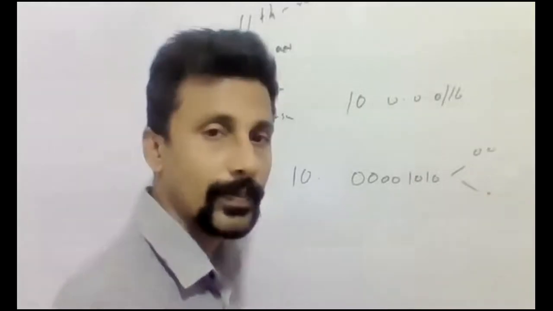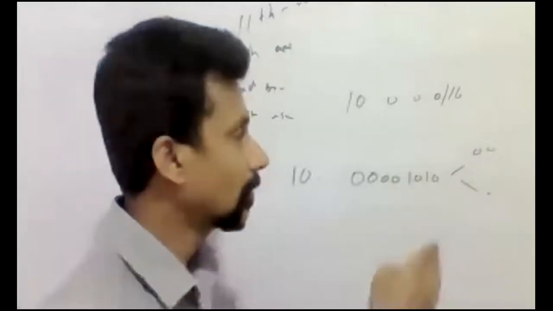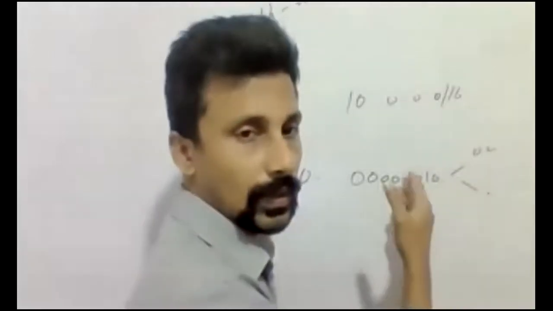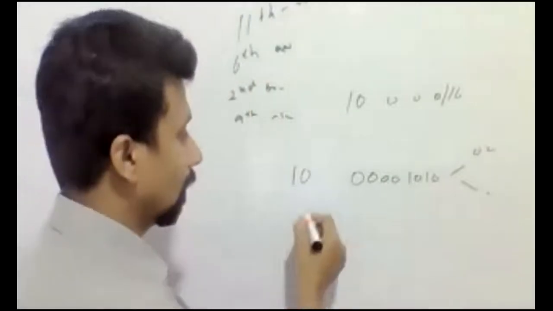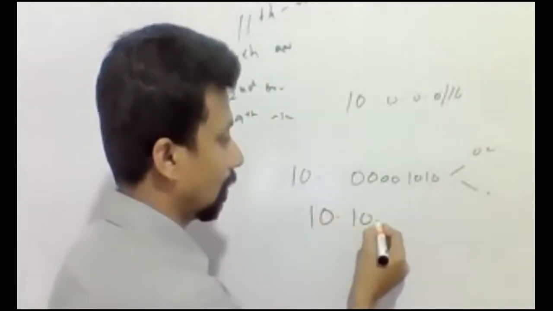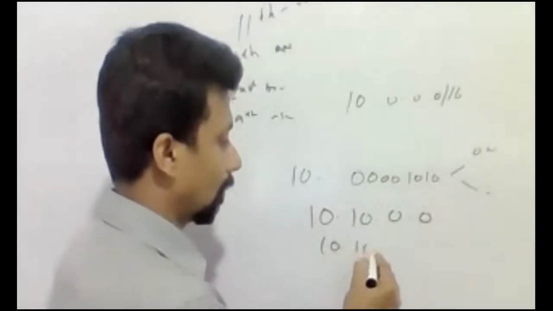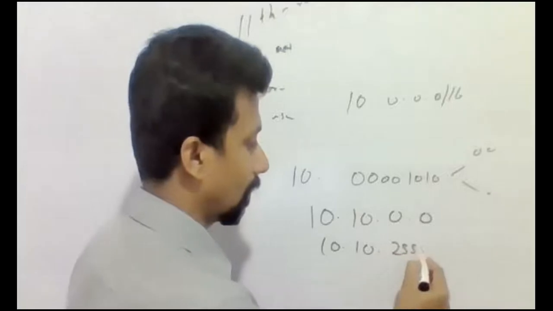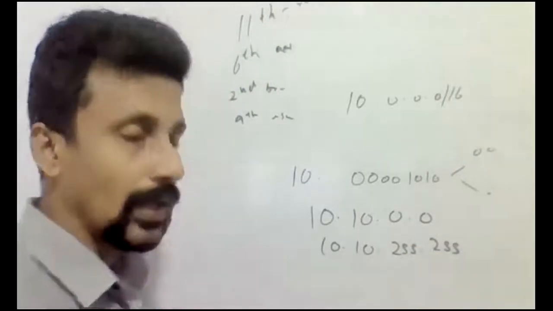Then the rest of the part: minimum value, first value, all are zeros. Maximum value, all are ones. So when you convert it to decimal, 10.10.0.0 to 10.10.255.255. This is the range of the 11th subnet.